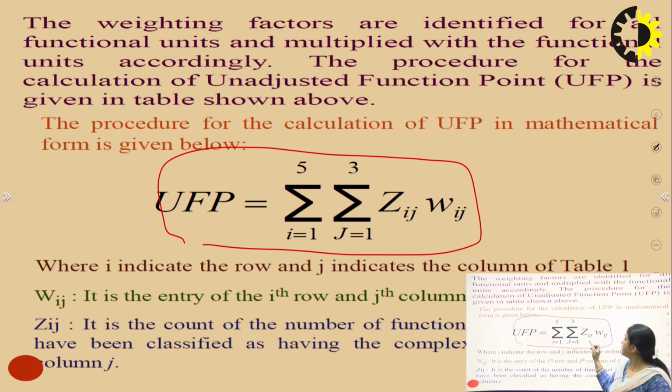You can see here there are two values, Z and W. W is for the weighting factor, which we have already discussed, and the value of the weighting factor depends on whether the external input values are high, low, or average. It depends on that value only. And Z is the number of inputs, number of outputs, number of inquiries. So, by multiplying these two factors, we can find the unadjusted function point. Fine.